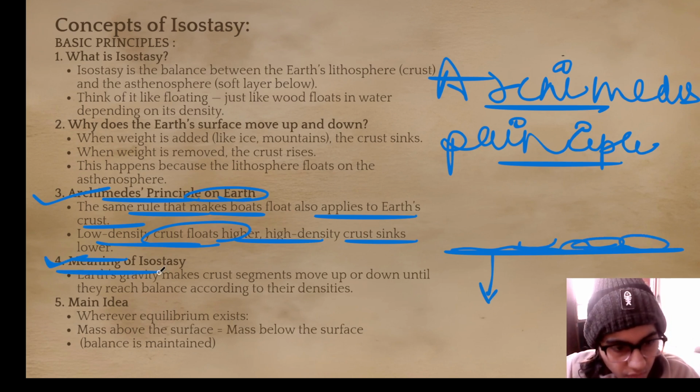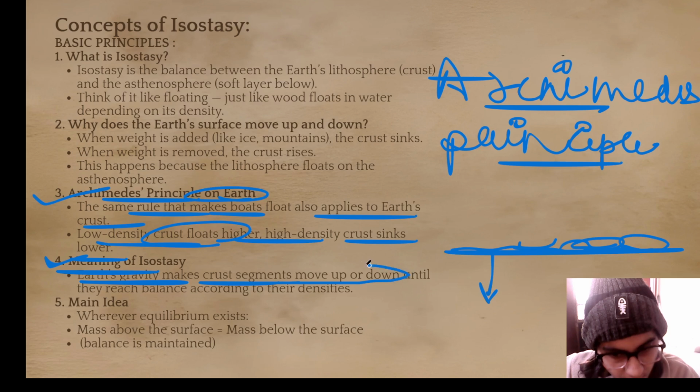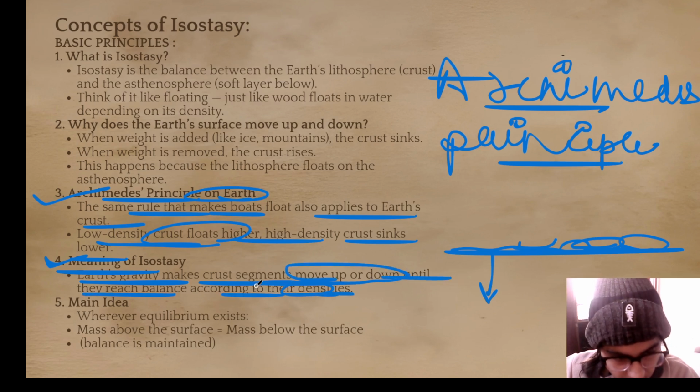The meaning of isostasy: Earth's gravity makes crust segments move up or down until they reach balance according to their densities.